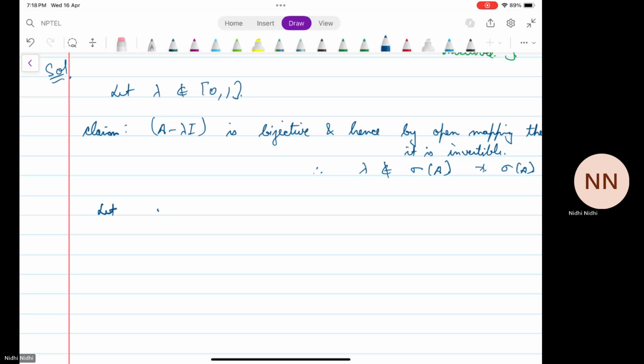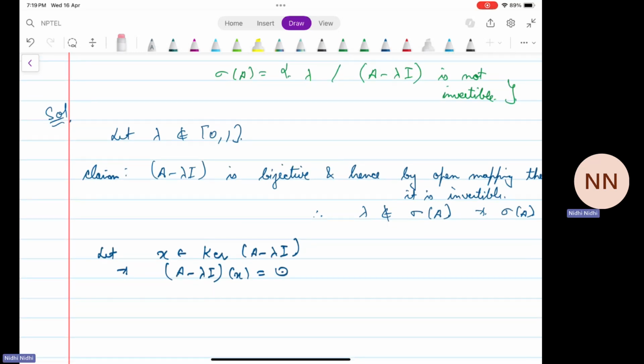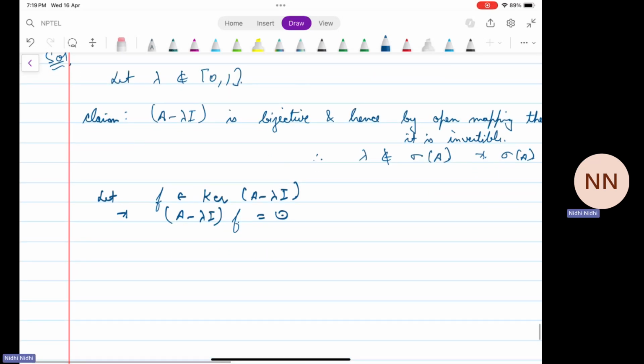Let x belong to the kernel space of A minus lambda I. This implies (A minus lambda I)x is equal to 0. Sorry, since we are in C[0,1], let's take this to be f. So that means this is equal to 0 for every t in closed interval 0 to 1. That means t f(t) minus lambda f(t) is equal to 0 for every t.